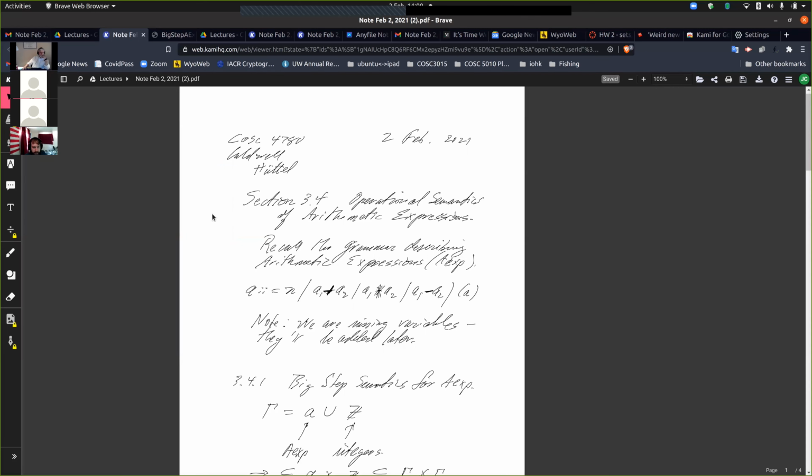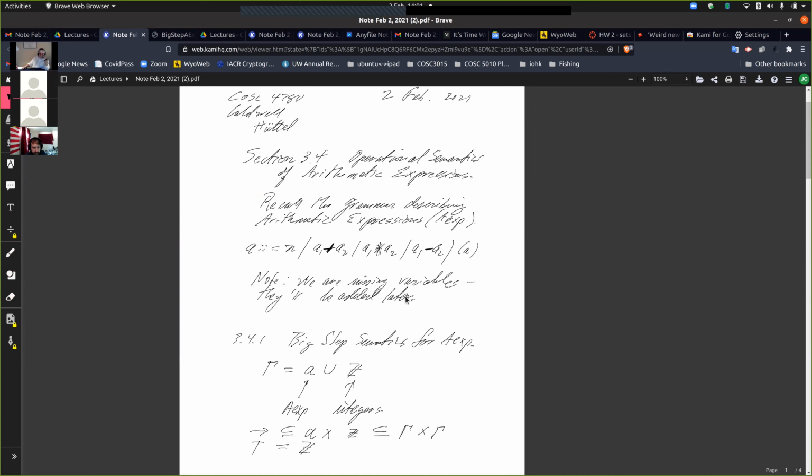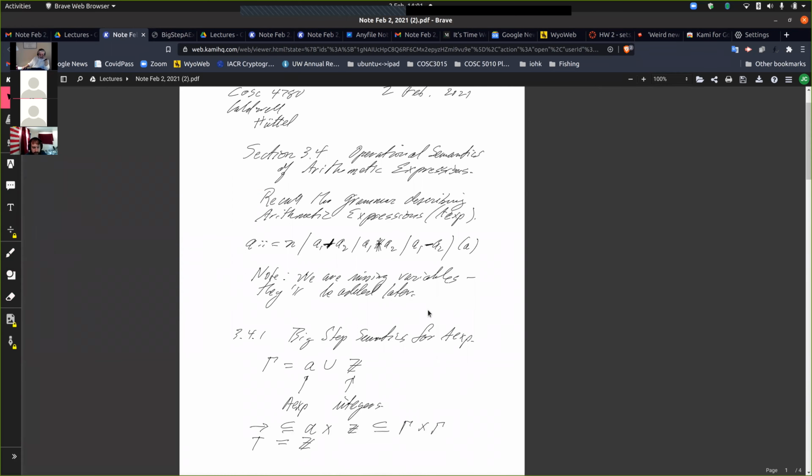Now we're looking at using these transition systems to describe a transition system.